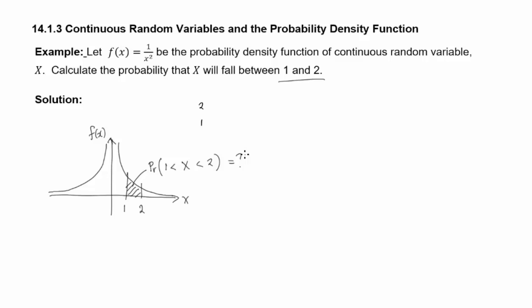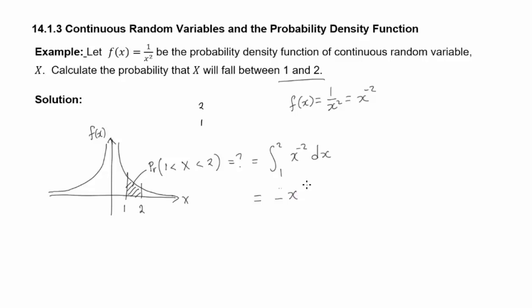The probability that x will fall between 1 and 2 is the area under the probability density function over that restricted domain, which equals the definite integral from 1 to 2 of x to the negative 2 dx. So I just rewrote f of x in terms of a negative power.